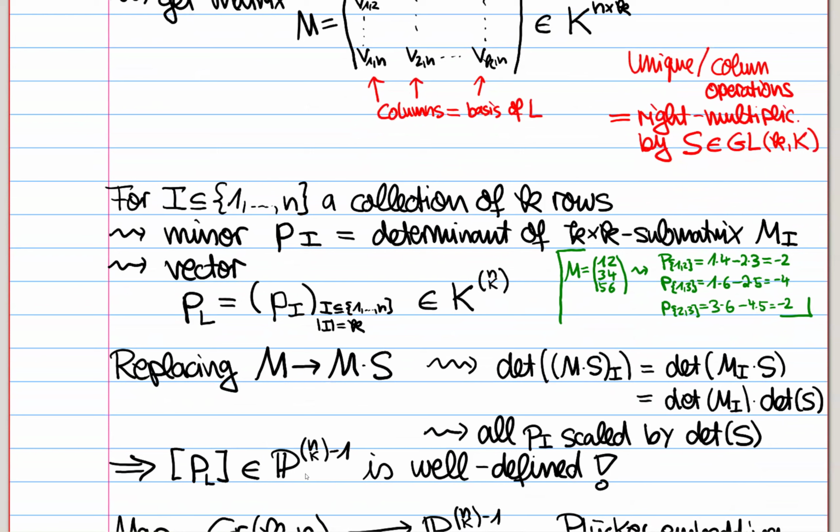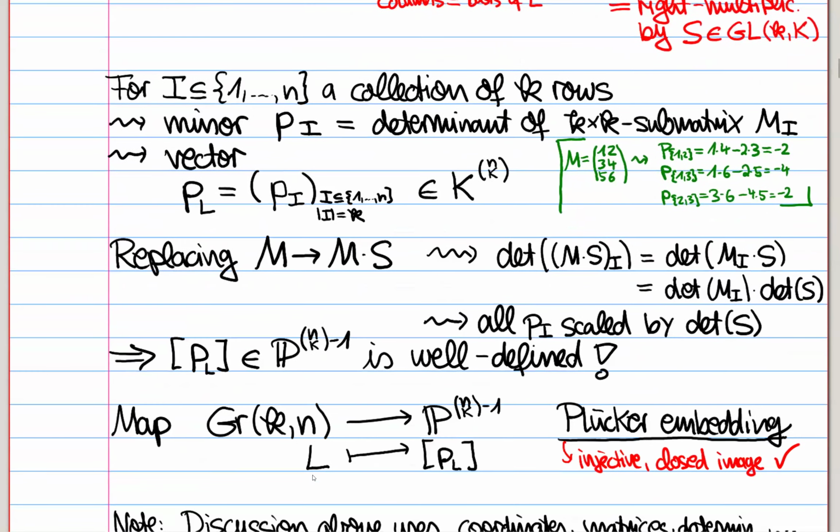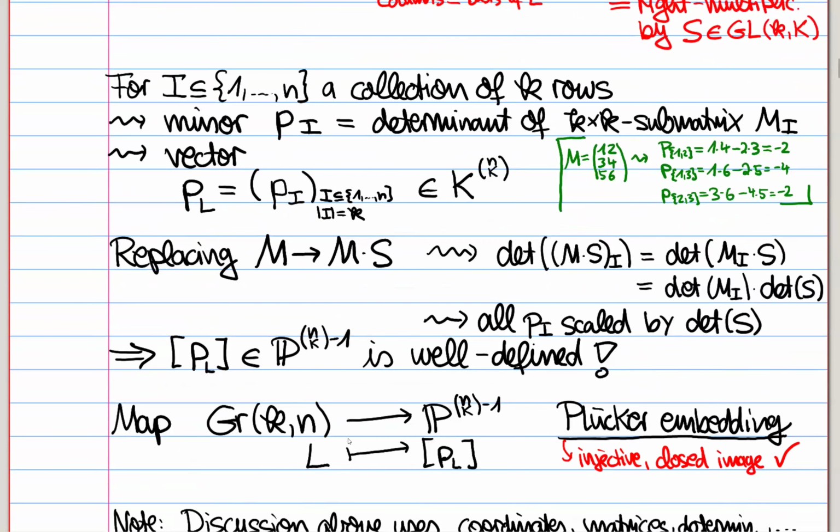So we did get some coordinates which are invariant, which are well-defined up to scaling. And we put this in this big vector. And in particular, we get a map from this Grassmannian to this projective space, sending L to this vector of maximal minors. And this map is what is called the Plücker embedding.